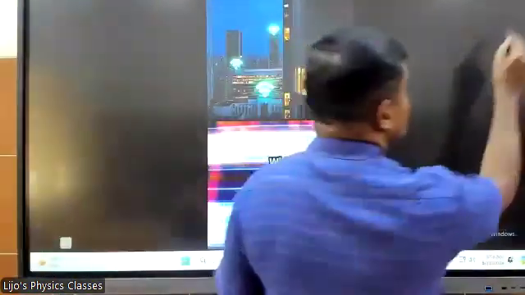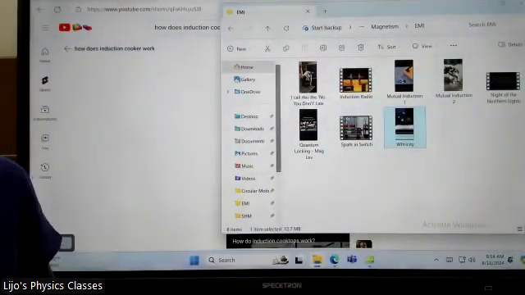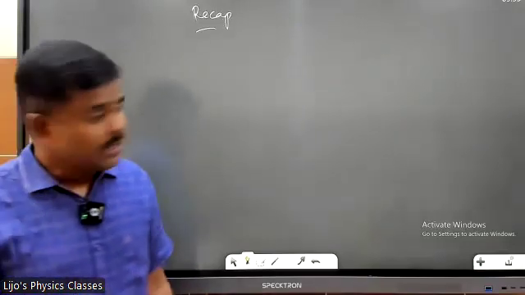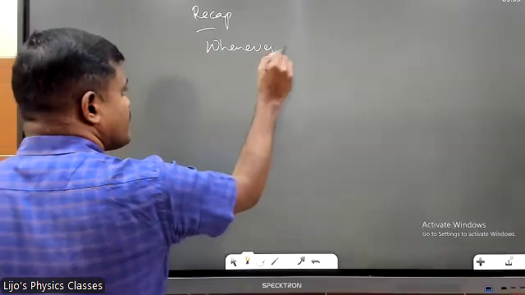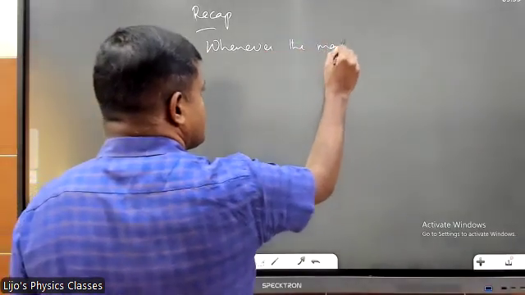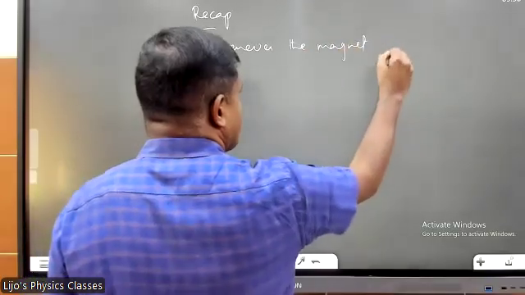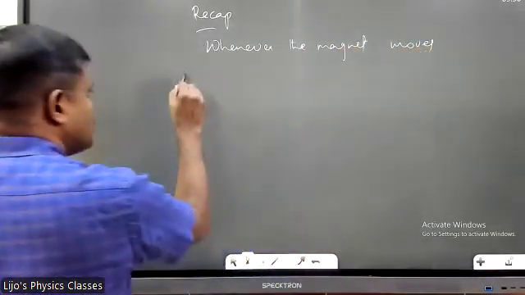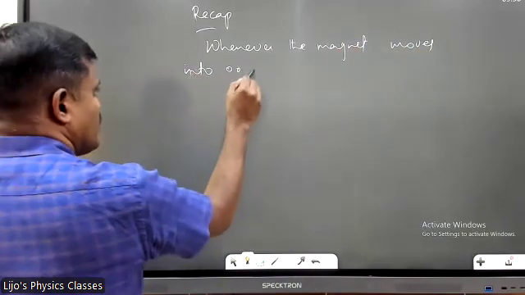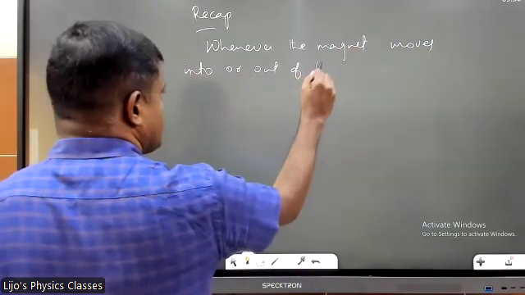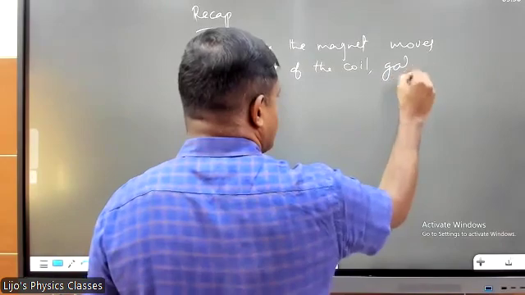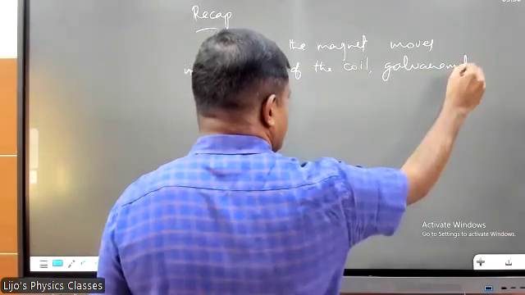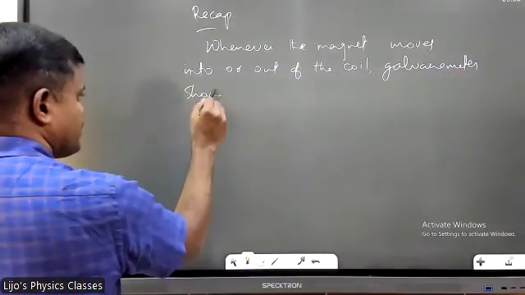Okay, hope it's clear now. Is it clear? Shall we just have an introduction? Right, start writing. Okay, recap. You can write: whenever the magnet moves into or out of the coil, the galvanometer shows deflection.